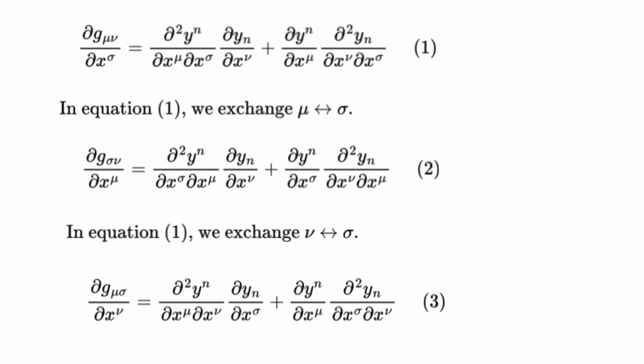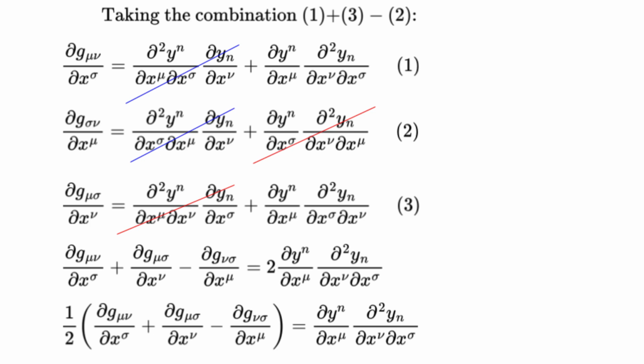In equation 1, we exchange nu and sigma. Taking the combination 1 plus 3 minus 2.